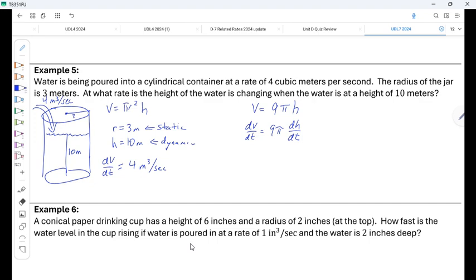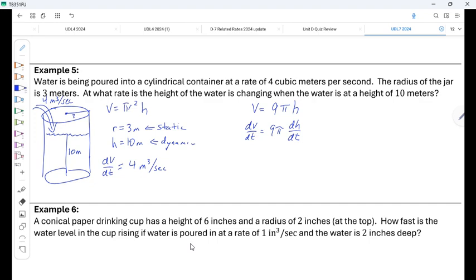The height might, but my question was, does the rate of the volume depend on the height?